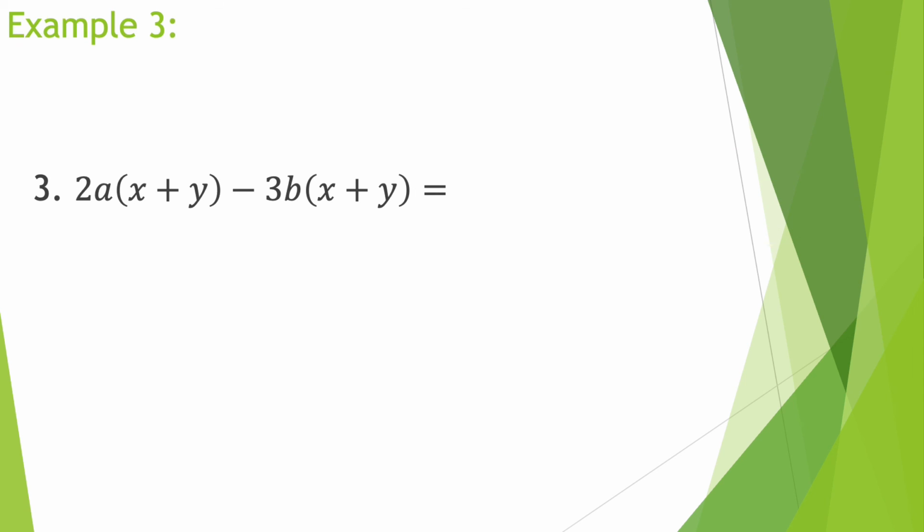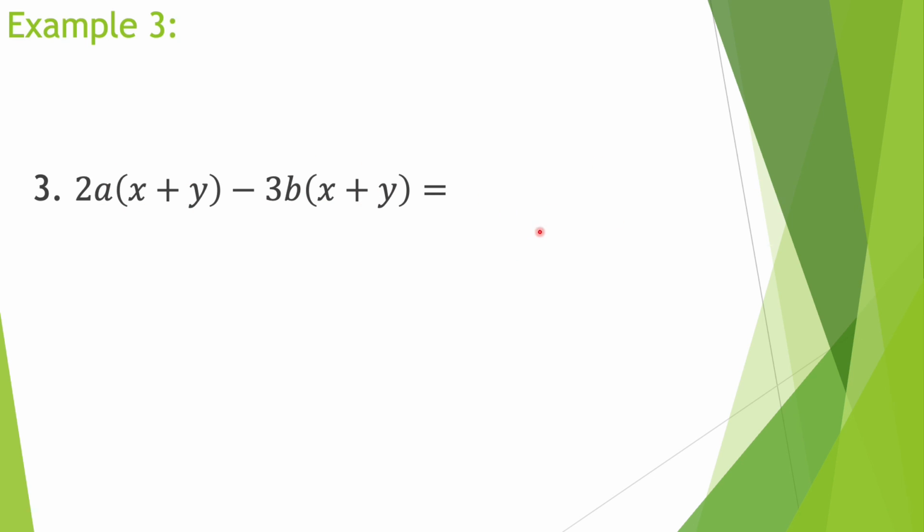Another example, 2a times the quantity x plus y minus 3b times the quantity x plus y. Okay? So, ito medyo madali to. So, mukha lang mahirap tingnan, pero madali lang kuhanin ang ating GCF. So, tingnan natin. So, meron tayong common sa kanila, which is x plus y.